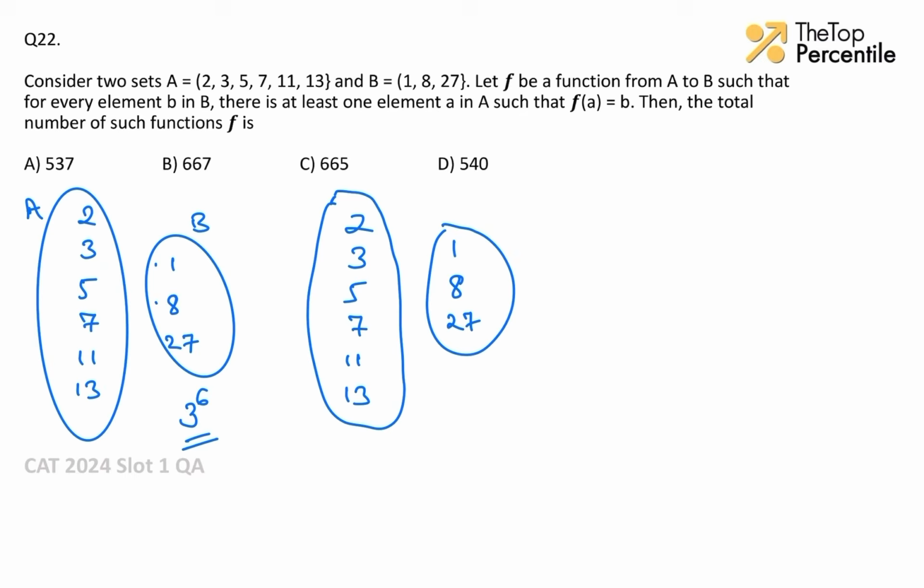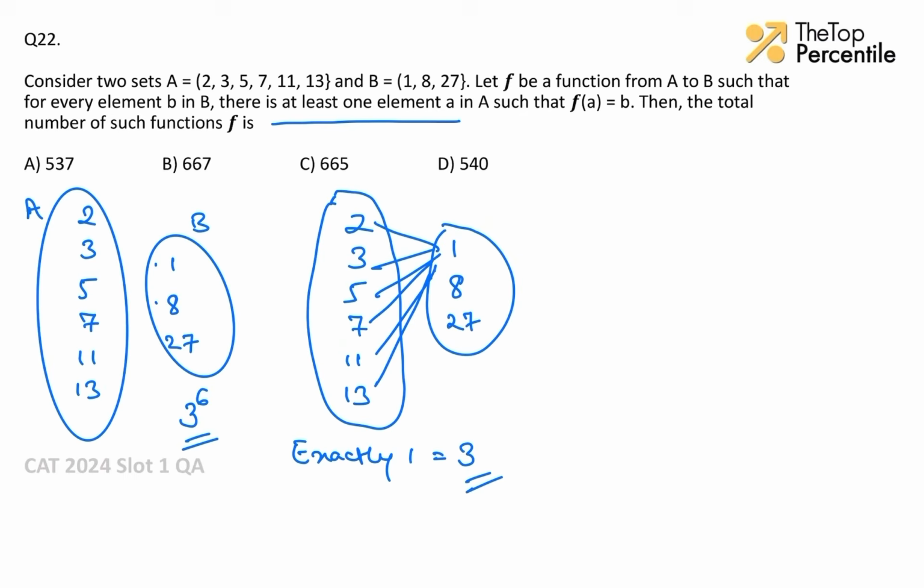This does not satisfy our given condition, which is at least one element in A for every element in B. So there will be one case for 1, a second function for 8, and a third function for 27. So for exactly 1, there will be 3 such defined functions.